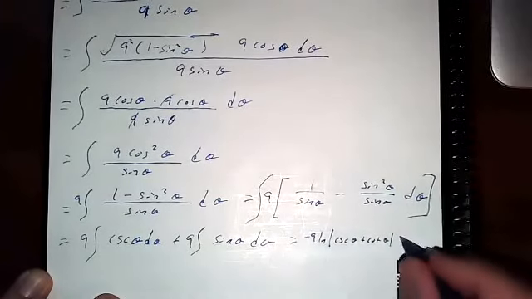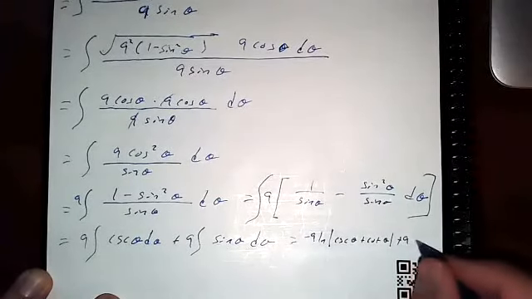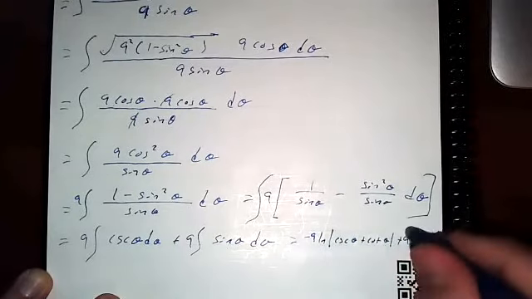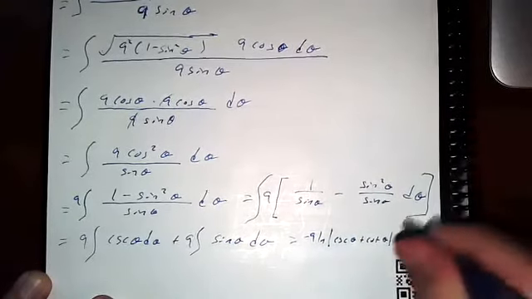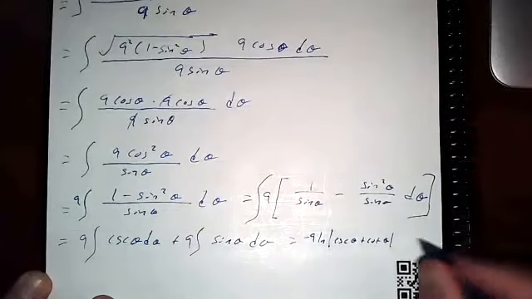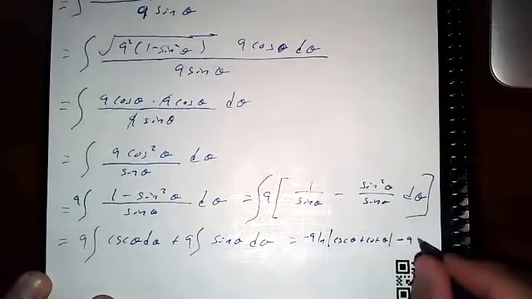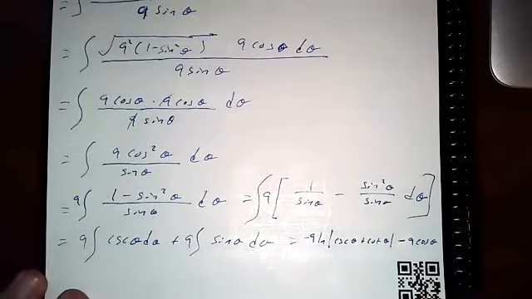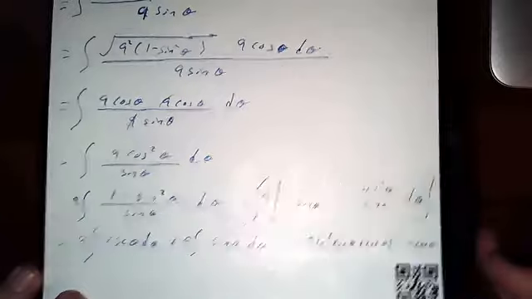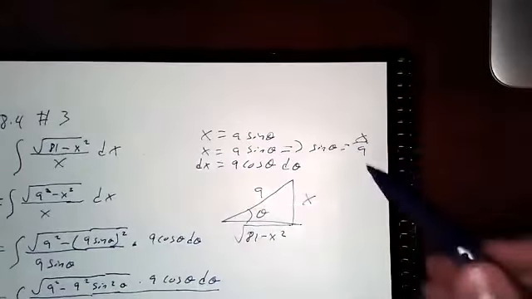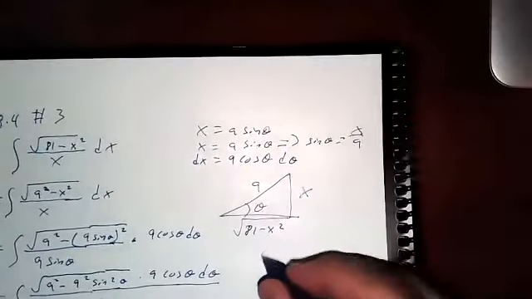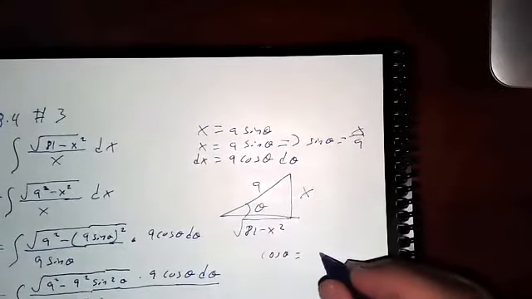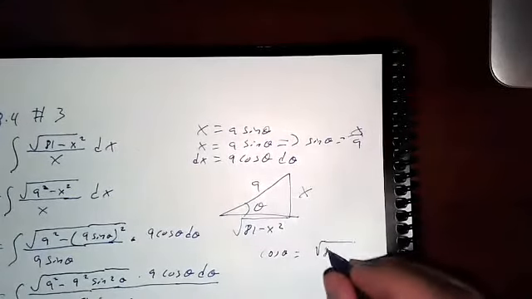The integral of this guy would be -9 cosine, plus c, whatever. So then you bring everything back to x. So cosine theta would be this nonsense.